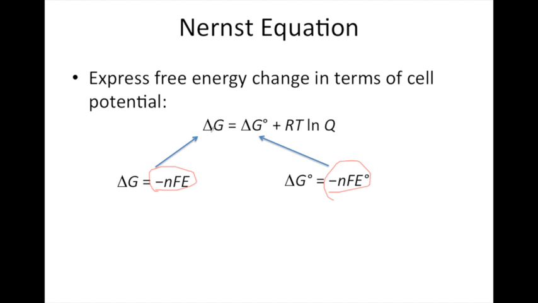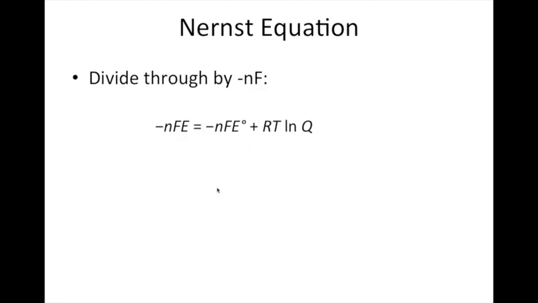So we're just going to write our free energy change in terms of cell potential or in terms of standard cell potential. So if we do that, our equation should look like this. Again, we've just replaced delta G with negative nFE, or delta G standard with negative nFE standard. We've combined those equations that we just discussed.